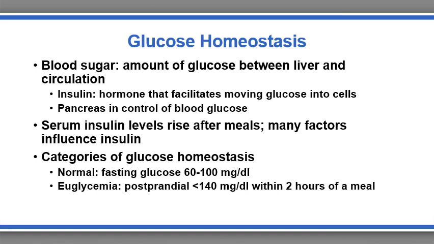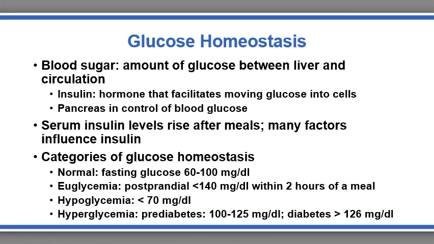You should be below 140 milligrams per deciliter within 2 hours of a meal. Hypoglycemia is one of the issues we deal with in individuals with diabetes, particularly type 1, who are taking insulin. There you're looking at less than 70 milligrams per deciliter.